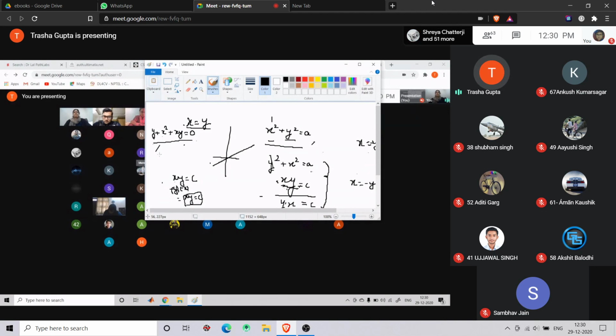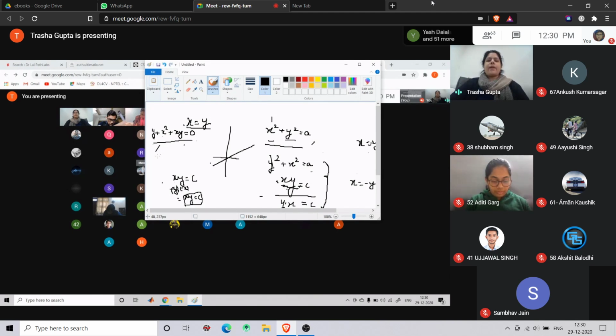Next point is passing through origin, whether the curve is passing through the origin or not, and the tangents at the origin. Please write down. The second point is whether the curve is passing through the origin, or do we have any tangent at origin.